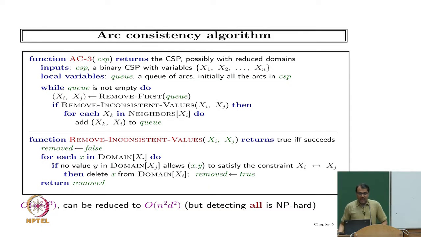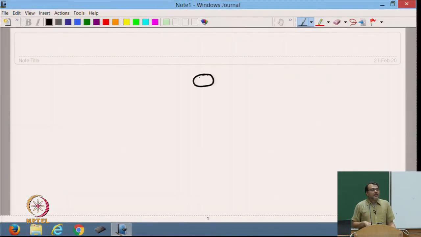One question you should ask is, will this solve all problems? Can you come up with a problem where arc consistency is not sufficient? Somebody? Okay, so let's look at this very simple problem.